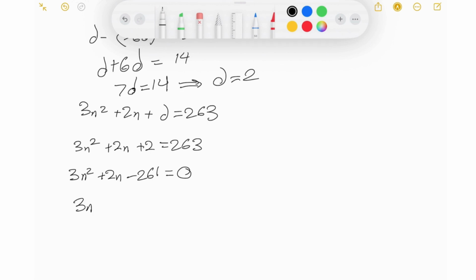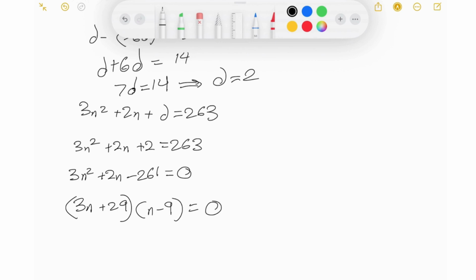Hold on, let me just figure out the factorization. Yeah, so this quadratic factors as 3n plus 29 times n minus 9 equals 0.